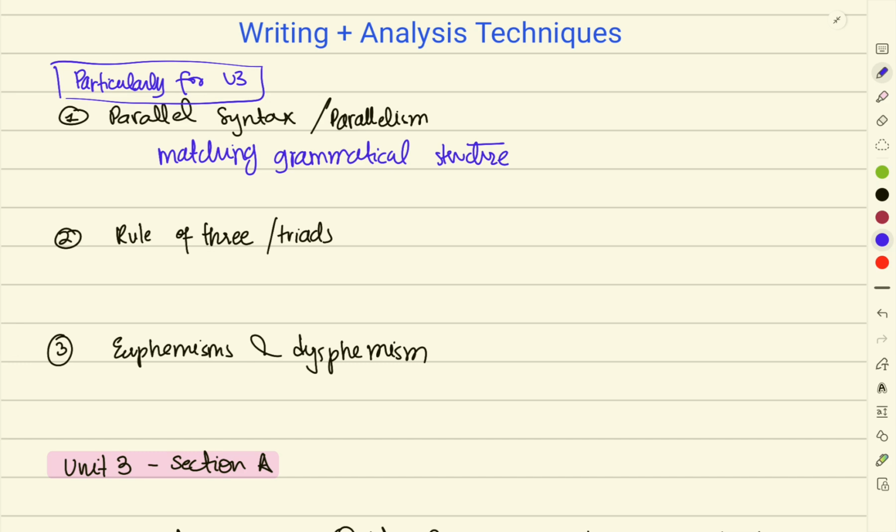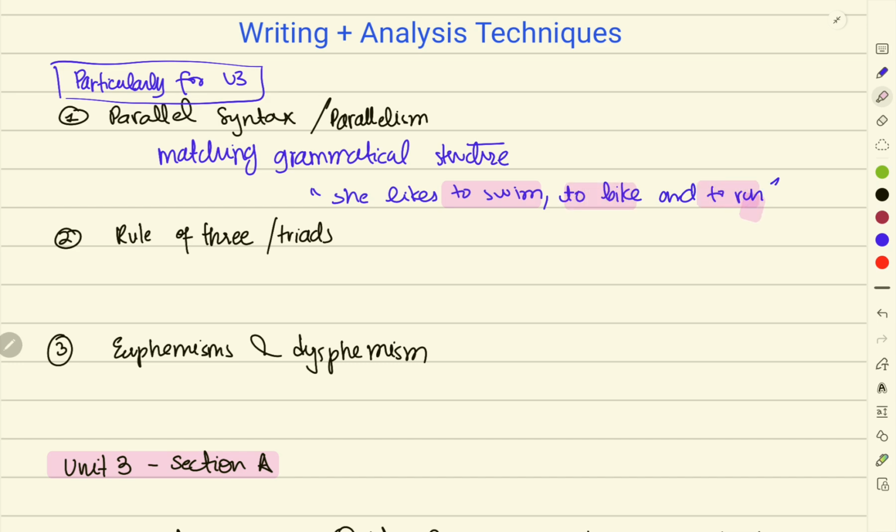To give you an example, she likes to swim, to bike, and to run. Do you see the repeated grammatical structure is the same: to swim, to bike, to run.